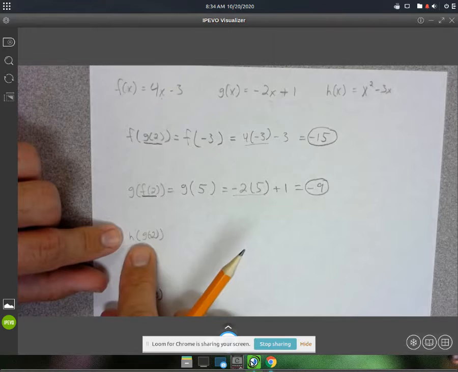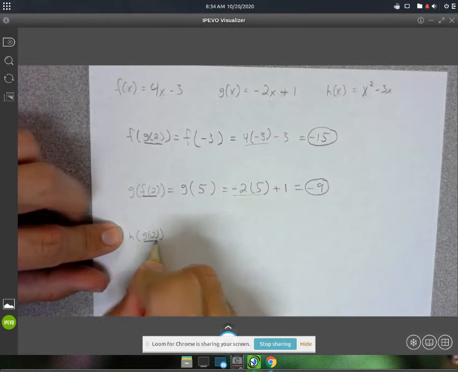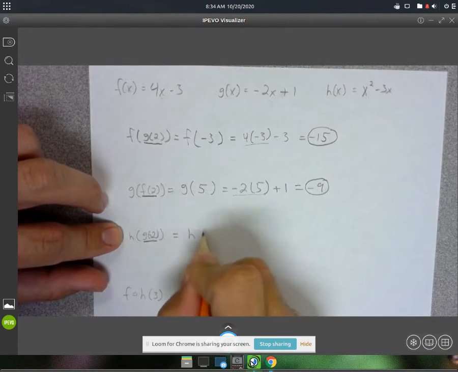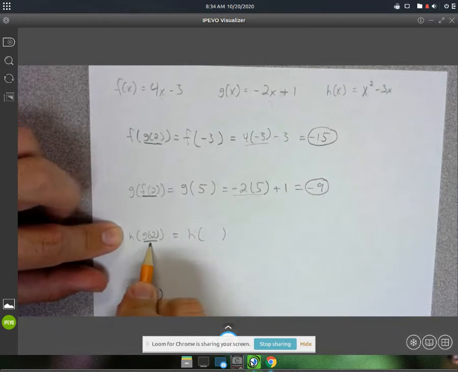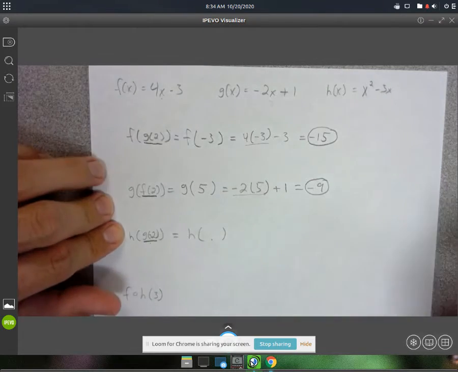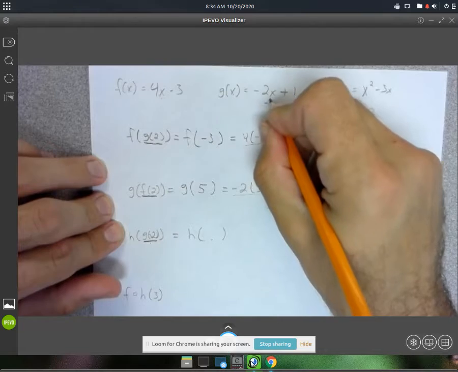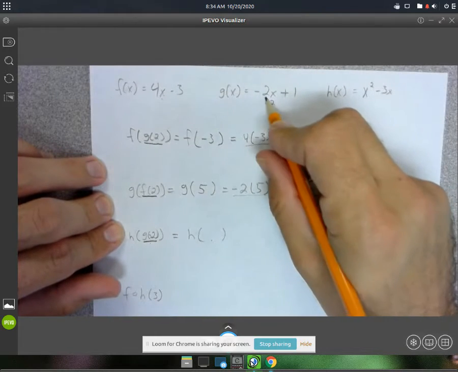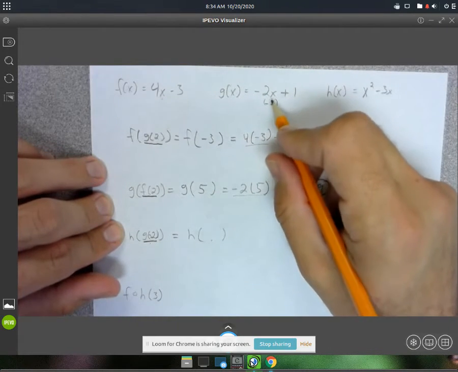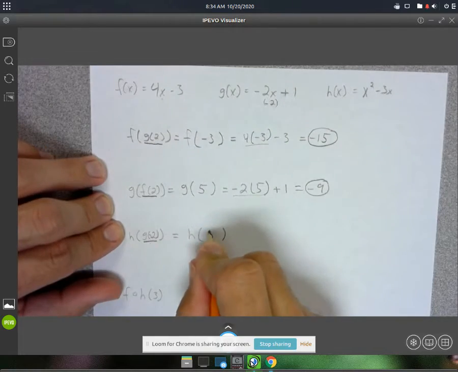Let's find h of g of negative 2. I have to find g of negative 2 first. Negative 2 times negative 2 is 4, and 4 plus 1 is 5.